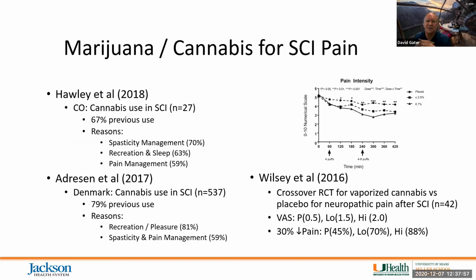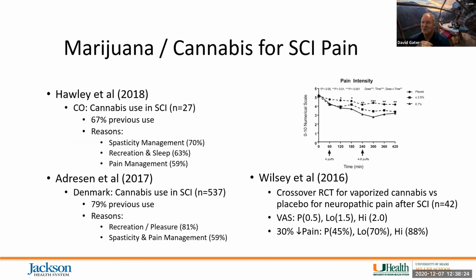Hawley in 2018 reported out the use of cannabis in just 27 individuals. Again, we were just starting to take a look at these things. 2/3 of these folks had used cannabis previously, but the group in general was using it mostly to manage spasticity. I had patients report this to me way back in the 90s, when I was a resident.